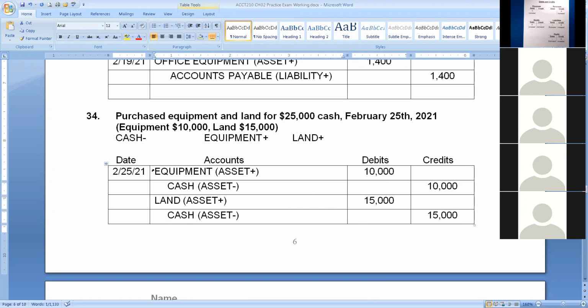But one of the reasons why we separate things out like this, and you say, well, who cares? They're assets. Why do we care whether it's land or equipment or whatever? Equipment usually depreciates over time. Land doesn't. The land underneath the building is not going to go away.